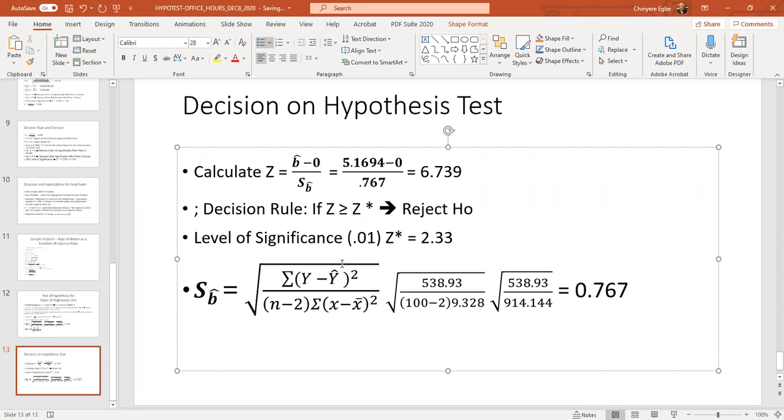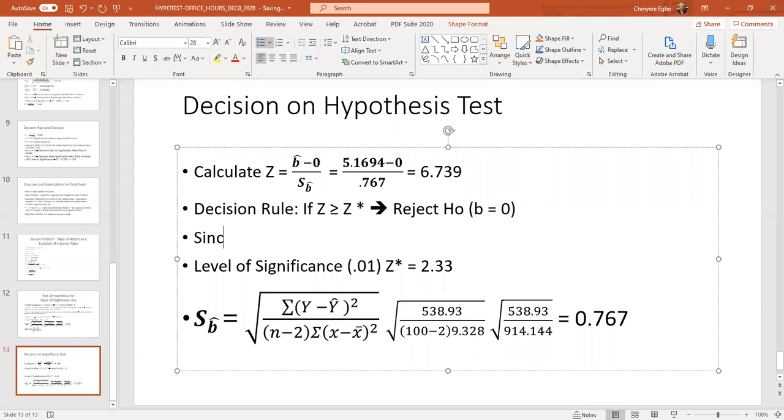So now, according to the decision rule, if Z is greater than Z star, we reject the null hypothesis that B is equal to 0. That is the null hypothesis we are rejecting.